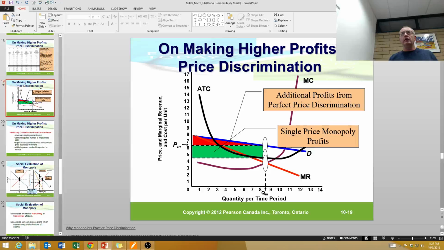Okay, so if a monopolist practices price discrimination, remember when the monopolist was earning economic profits, it set its optimal level of output at the point where marginal revenue equals marginal cost, so 8.5 units here. And its regular pricing practice is to charge all customers the same price. But if the monopolist practices price discrimination and charges all these customers different prices, then the monopolist makes this extra level of profits represented by the red area here.